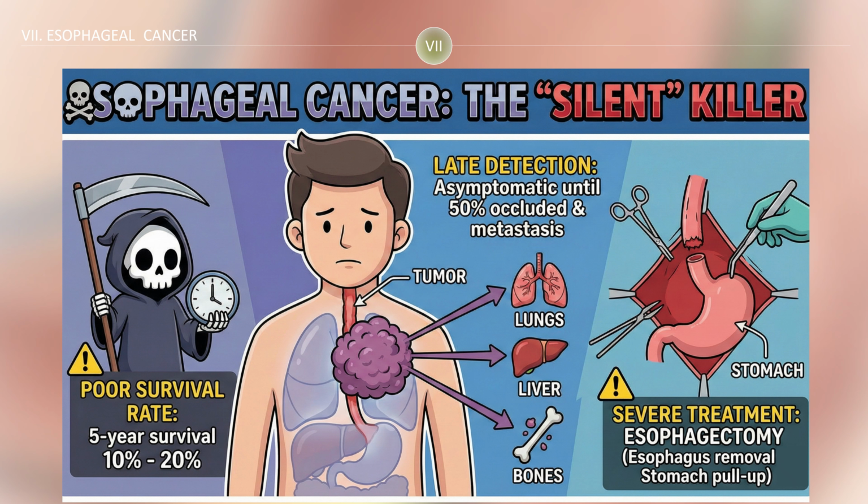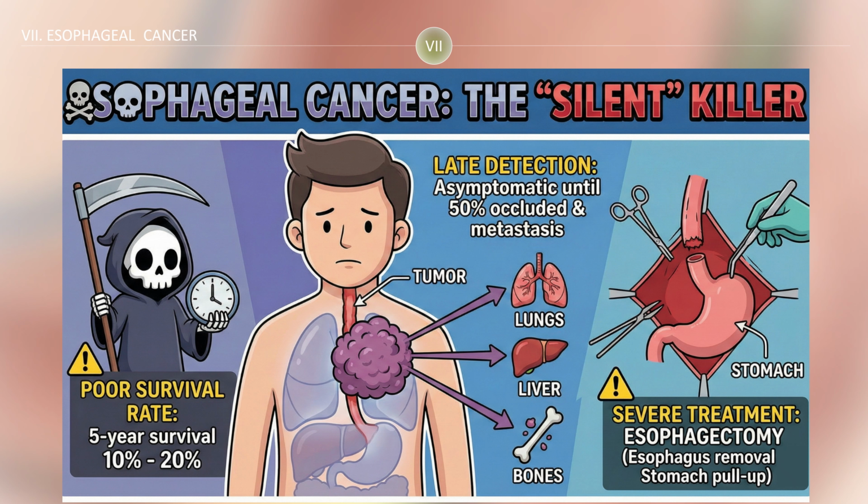The condition is terrifying because it is often advanced by the time it is found, and the chances of survival are low. Poor survival rate: the text states that the overall 5-year survival rates range from 10 to 20 percent.